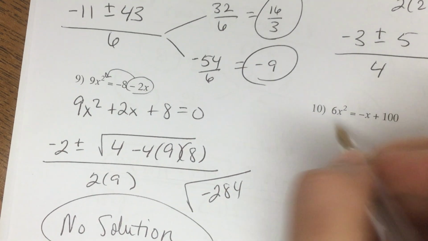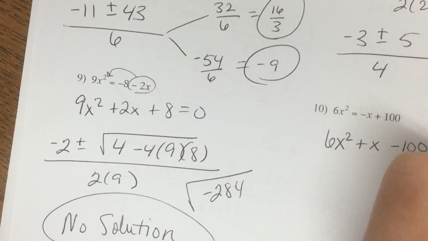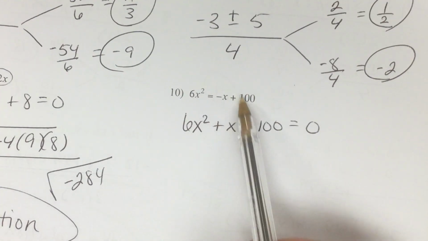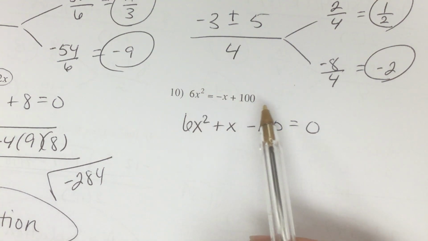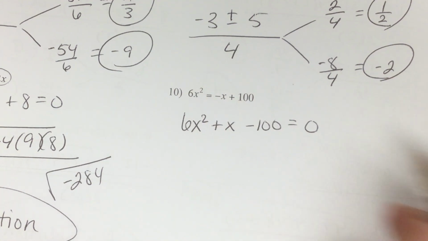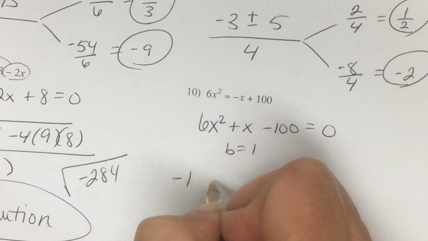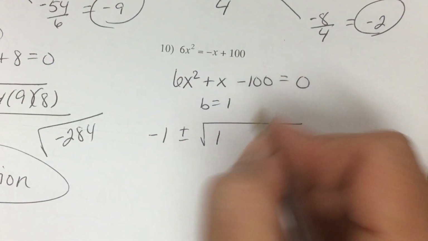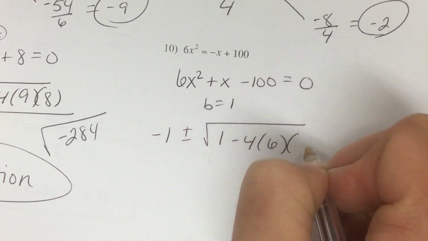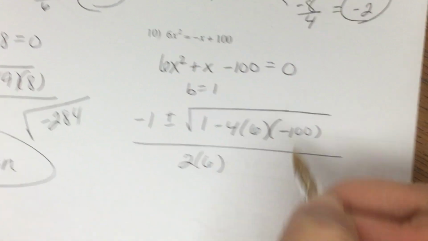Okay, so this one, you're going to make it 6x squared plus x minus 100 equals 0. Because you're going to move the, oh, sorry, you can't see that. You're going to move the x over, changing it from negative to positive, and you're going to move the 100 over, changing it from positive to negative. So then this is a 1, so b is equal to 1. So negative 1 plus or minus radical b squared, because 1 squared is 1, minus 4 times a times c all over 2a.